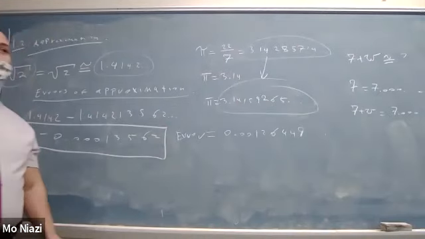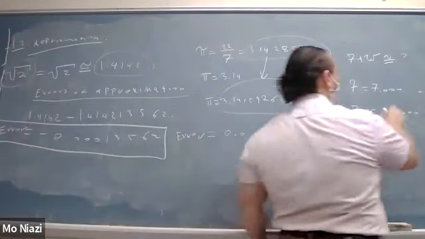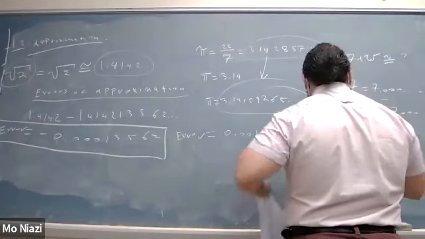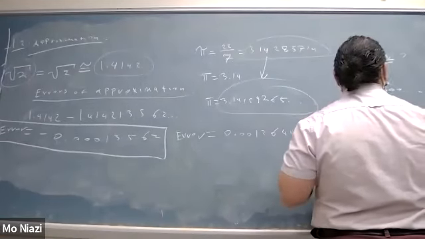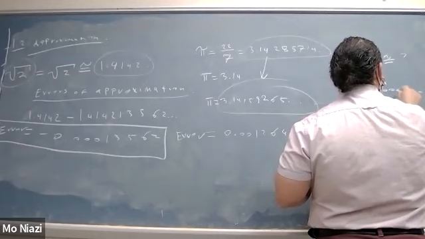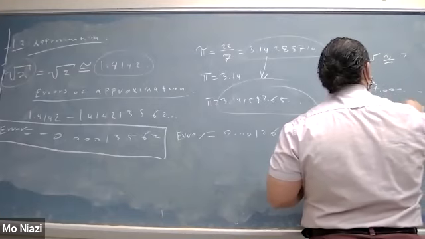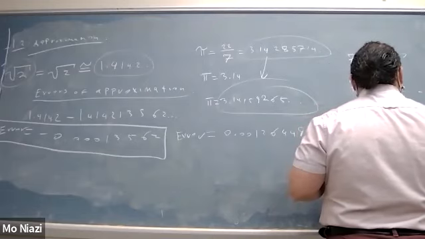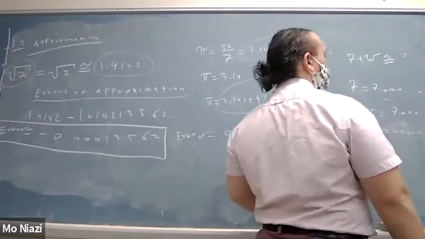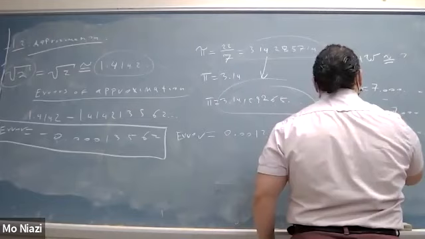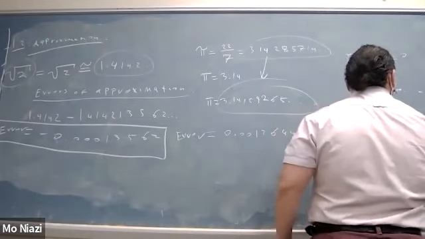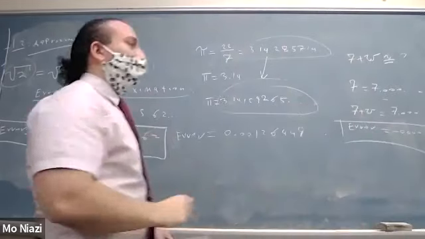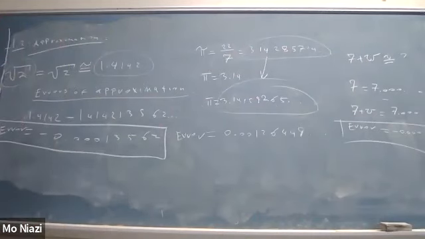So if you were to subtract these two, the error in approximation, assuming that this value is slightly larger than that value, when you subtract it, you get a slightly negative number. This is the error. You get an insignificantly small negative number as an error.